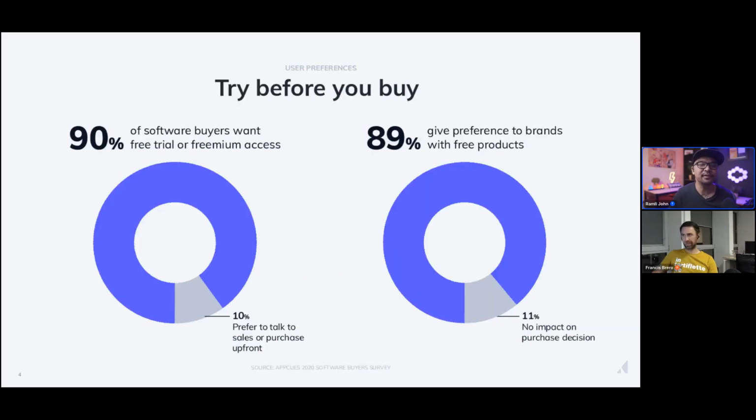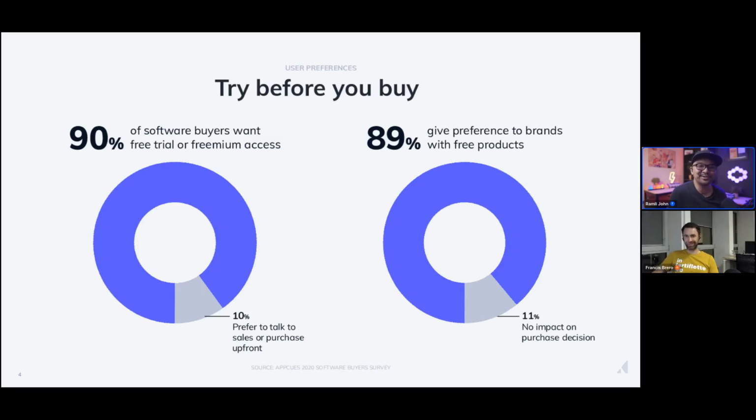We saw this at AppKeys when we polled our audience a few years ago, where 90% of software buyers really want the free trial and freemium, and prefer brands that offer that experience, particularly because it reduces the risk of not liking what you buy.